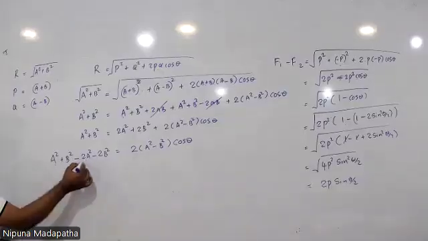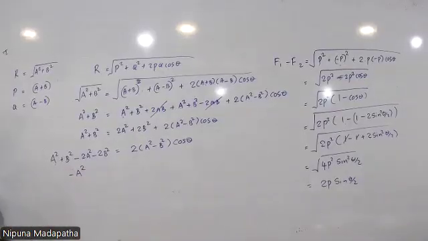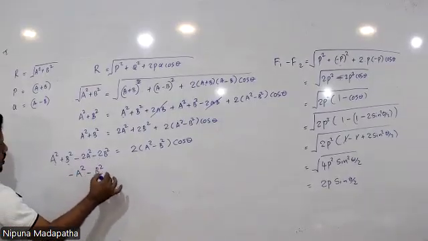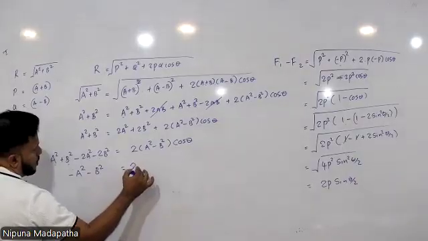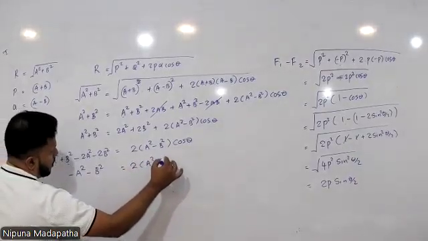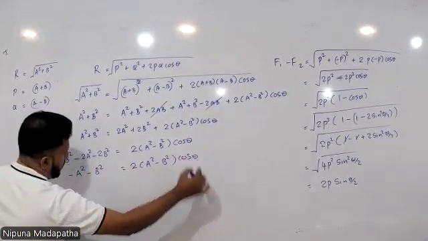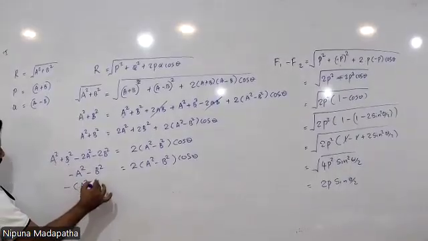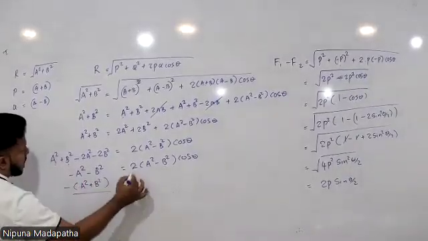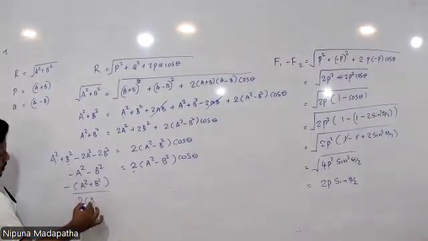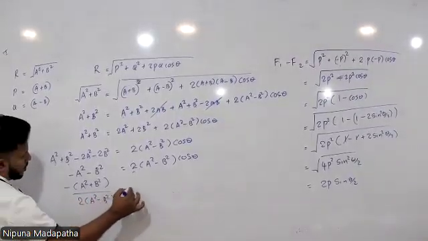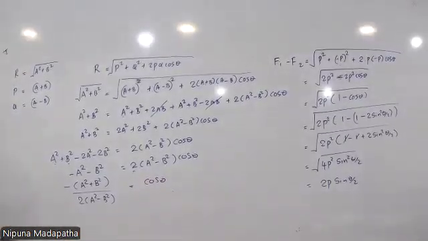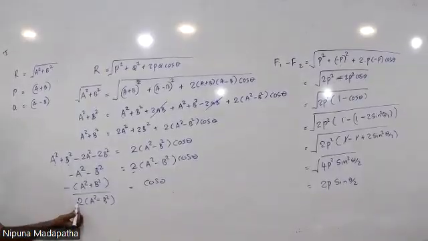A squared minus 2A squared remains minus A squared, and B squared minus 2B squared remains minus B squared.